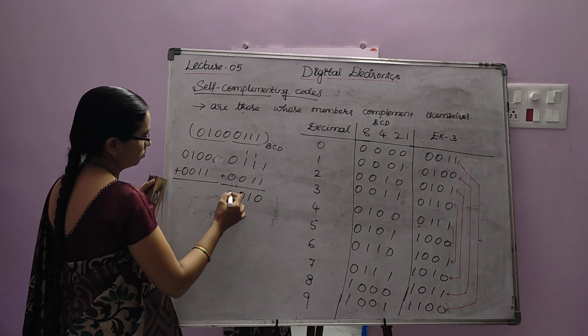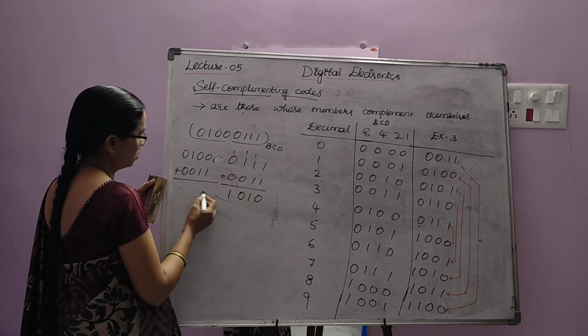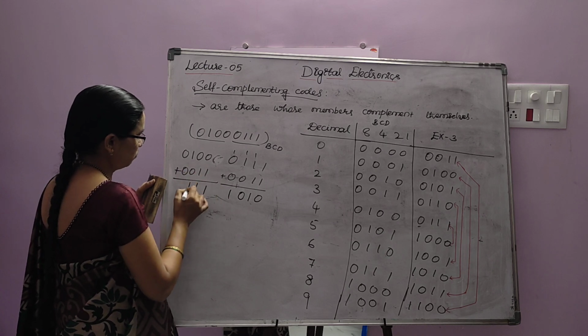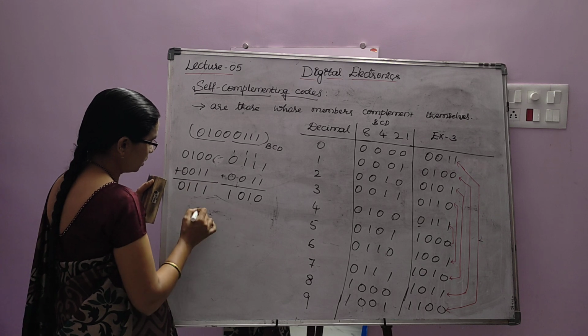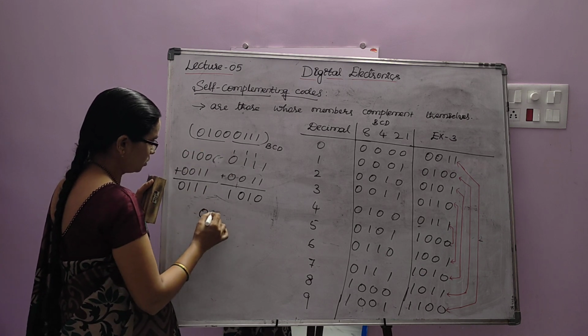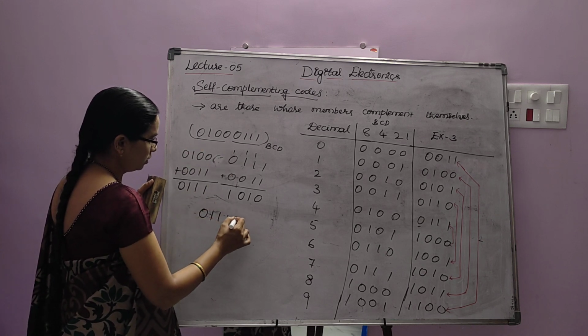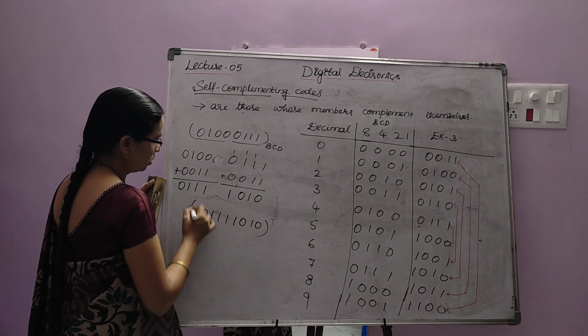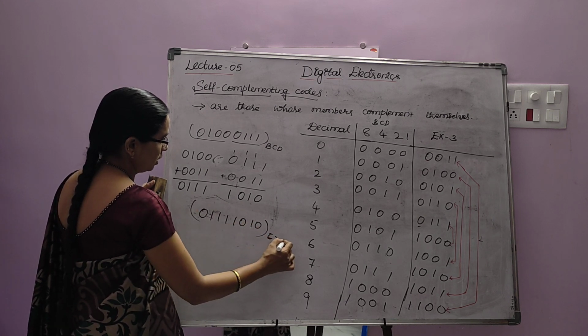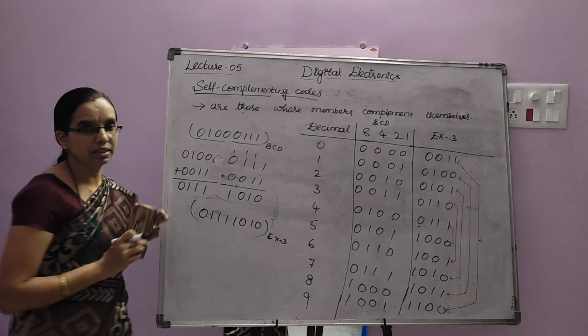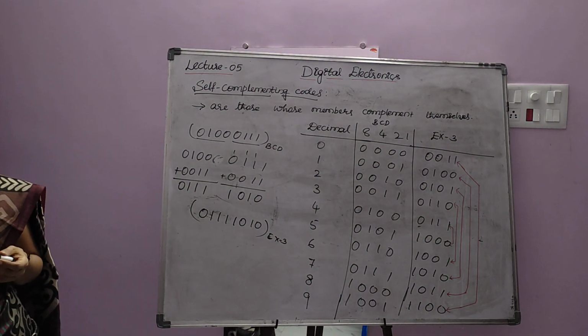That is the excess 3 equivalent of the given BCD number: 0111 1010. This is how we will convert.